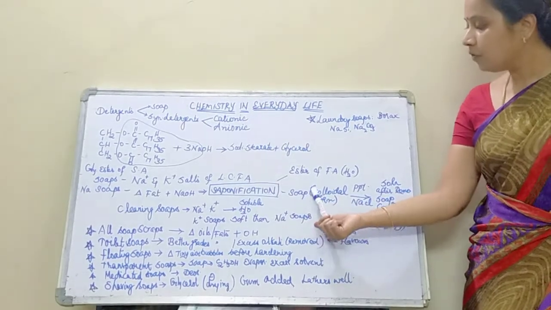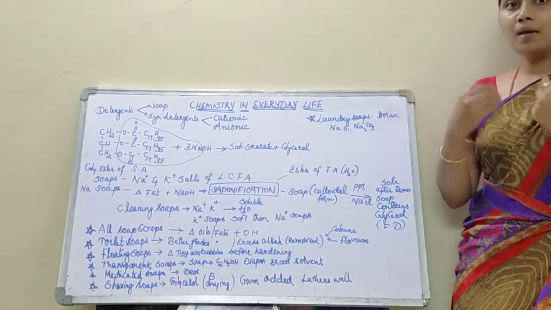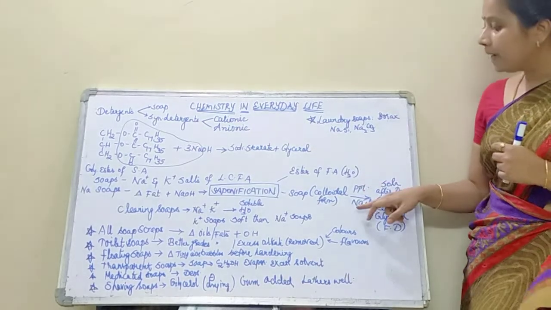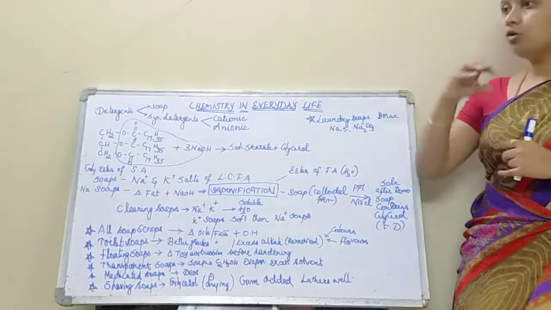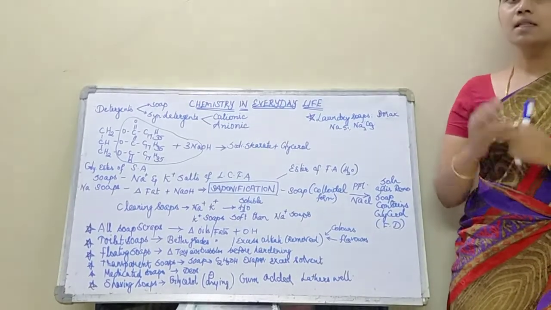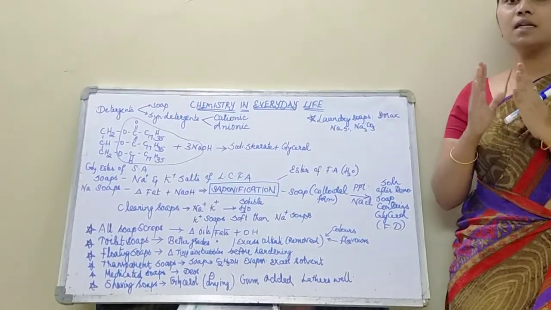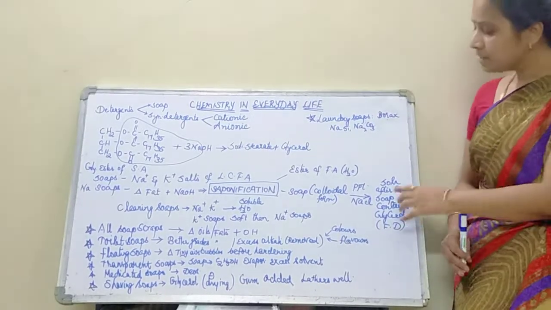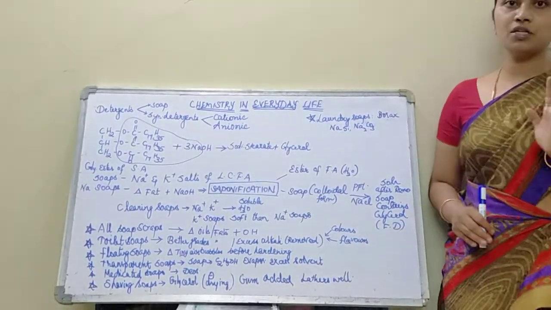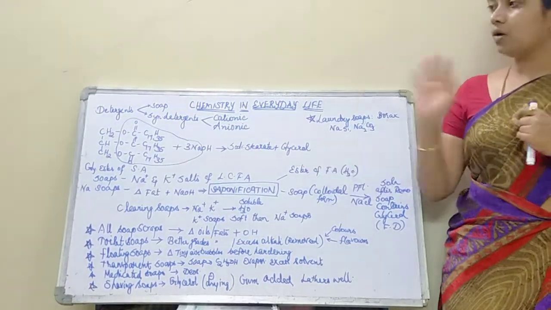This colloidal soap can be precipitated by adding sodium chloride. The solution after removal of soap contains glycerol, which can be removed by fractional distillation. This is how soaps are produced.